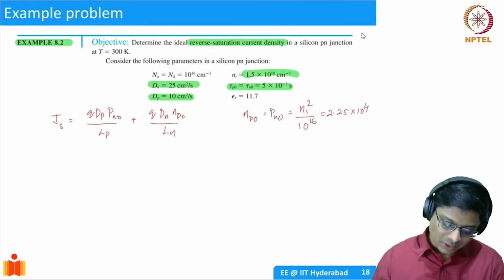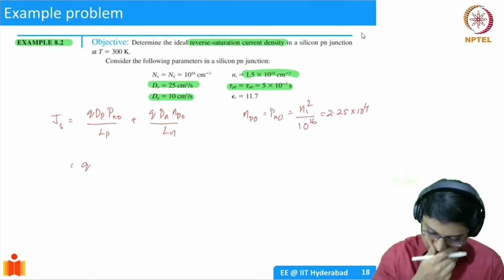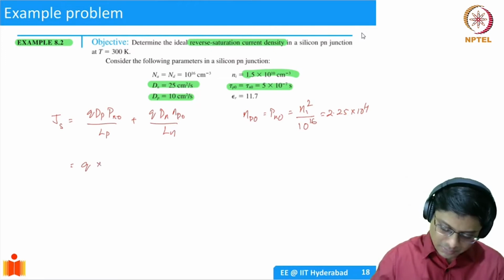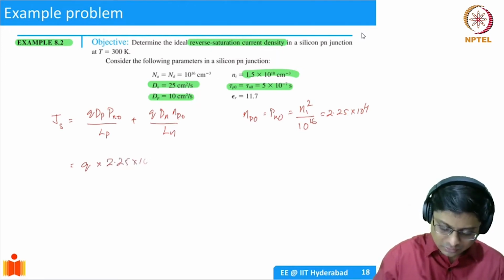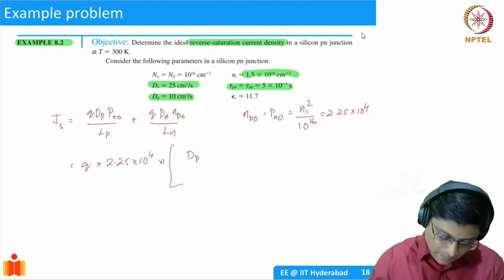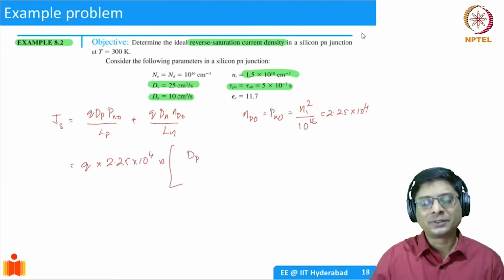So now how do you compute this? It is going to be equal to q times Np0 and Pn0, which are 2.25 into 10 power 4, into dP by Lp. dP is given to us. What is Lp? Well, Lp is not given, right? The diffusion length is not given.